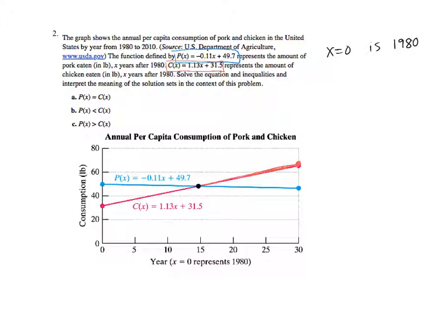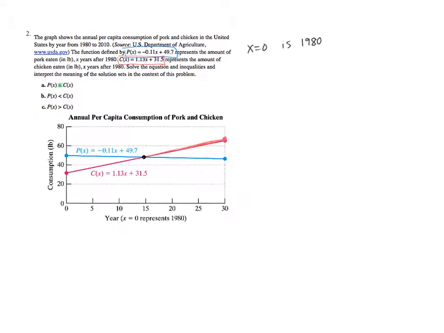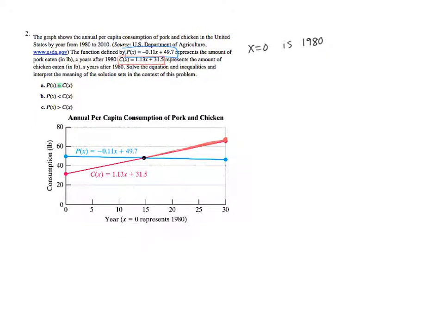So in this first one, we want to know when those are actually equal. And it doesn't show it on the graph, so we are going to need to solve this algebraically. So for p of x equal to c of x, this is part A. What we're going to do is take those two equations, the pork, so negative 0.11x plus 49.7, and set that equal to the chicken, which is 1.13x plus 31.5.